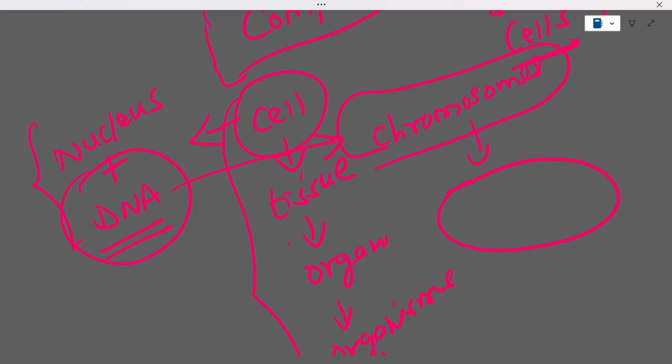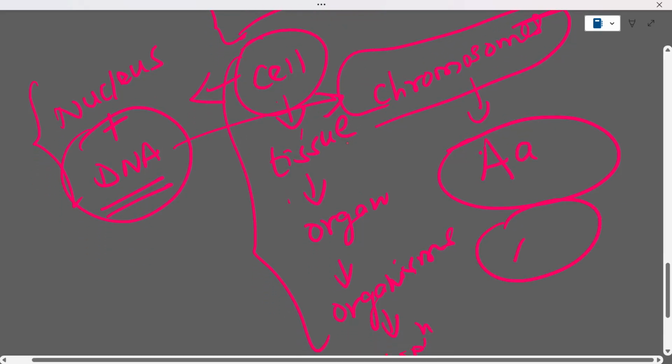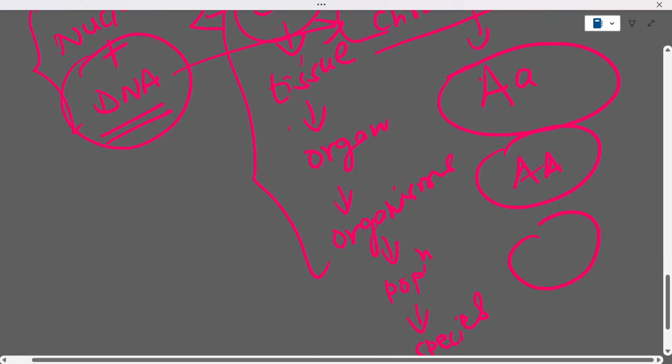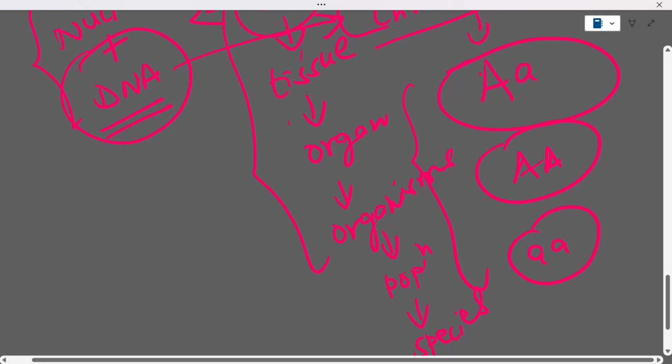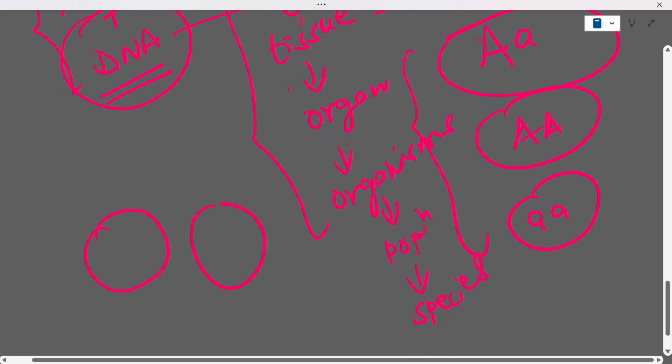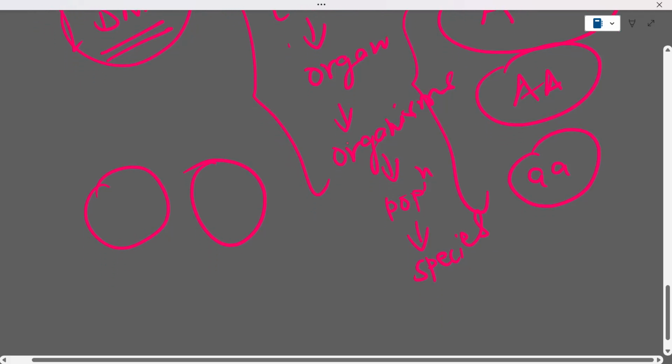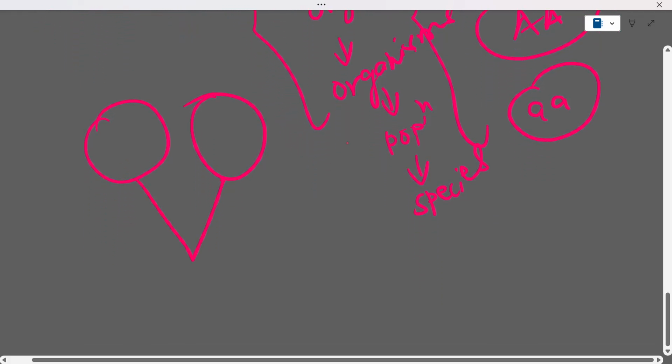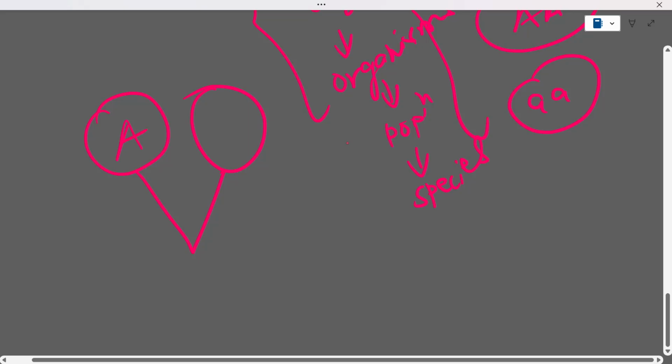Let's say this one structure, by which I mean that every offspring derives its genetic composition from its parents.